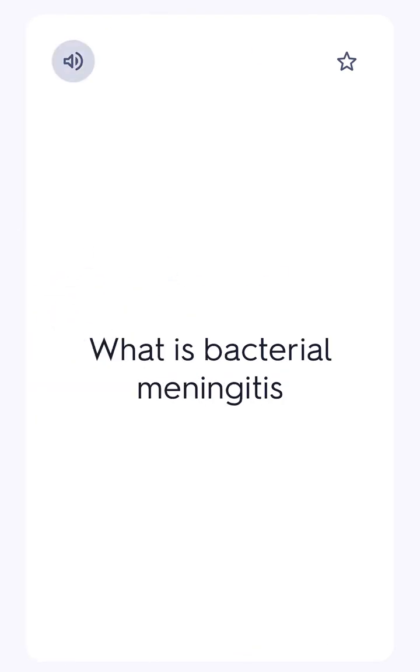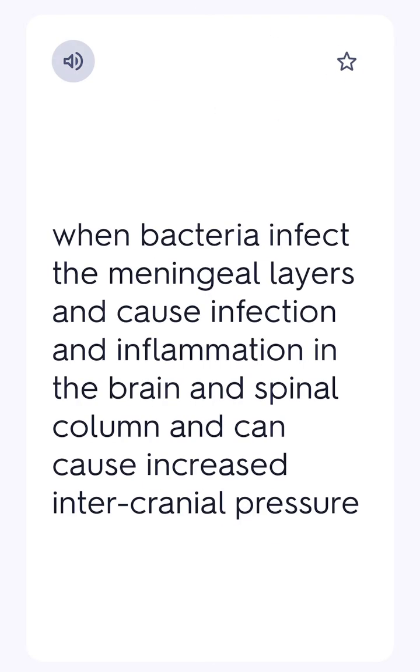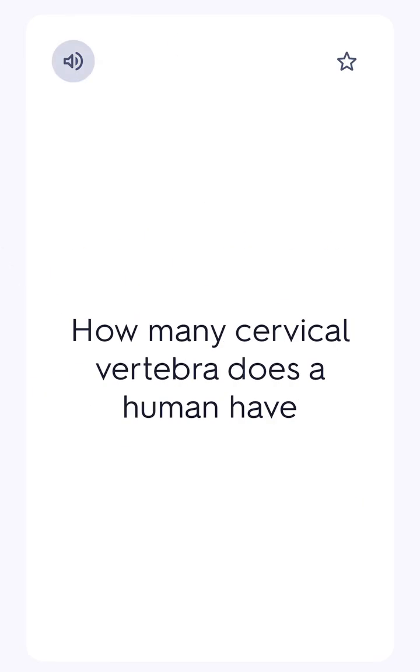What is bacterial meningitis? When bacteria infect the meningeal layers and cause infection and inflammation in the brain and spinal column and can cause increased intracranial pressure. How many cervical vertebrae does a human have? 7.